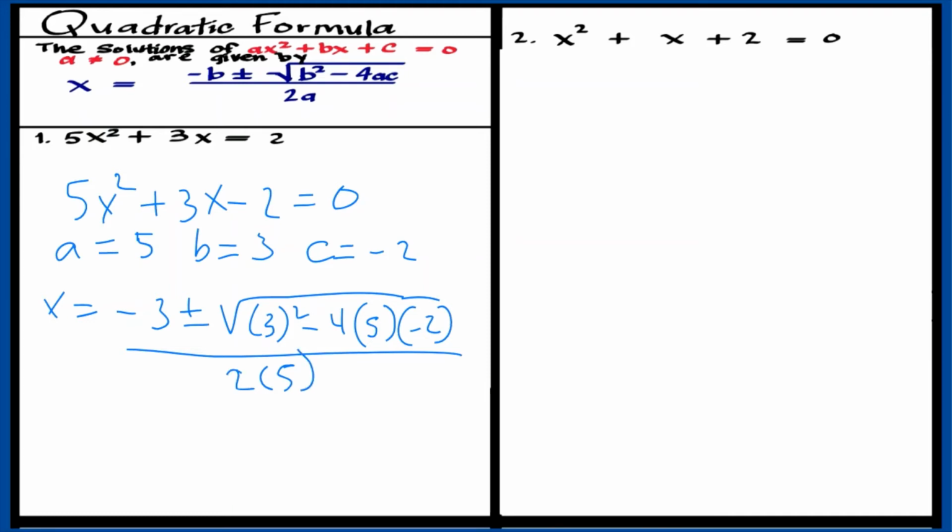Now I need to simplify everything that's in my square root. So I get 9, 3 squared is 9. Then I have this negative, this is a negative 4. So negative 4 times a positive 5 times a negative 2 is going to give me a positive 40.